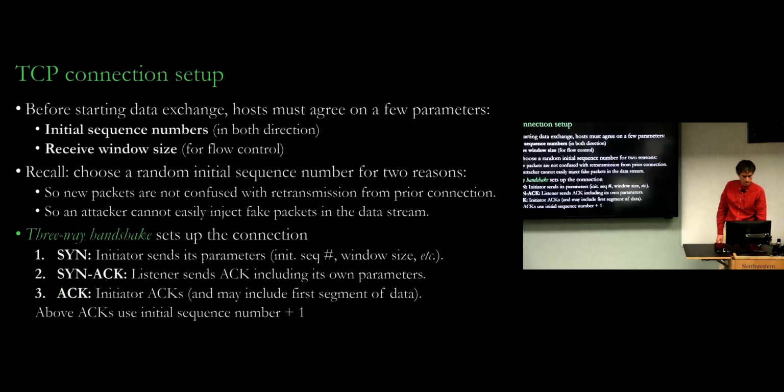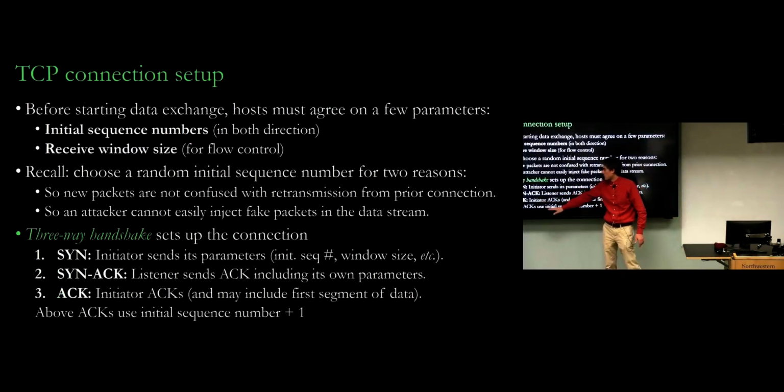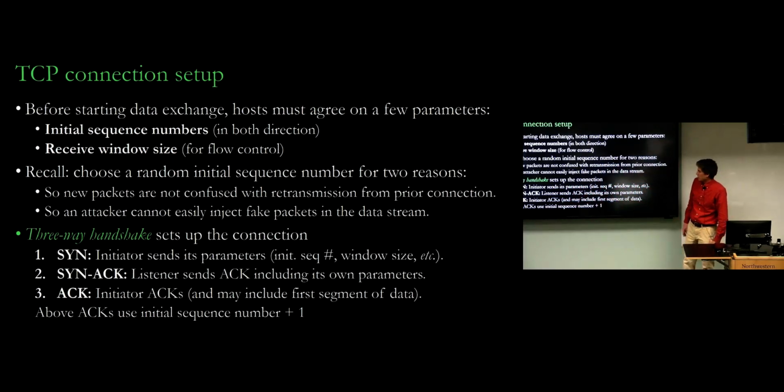And then the receiver sends back a SYN ACK packet, which acknowledges the fact that that first SYN was received, and also includes its own parameters, the initial sequence number and the window size for its end of the connection, and then the initiator acknowledges back that it received the SYN ACK. Even though no data is exchanged, you increment the sequence number by 1 to acknowledge these. This first one sets an initial sequence number.